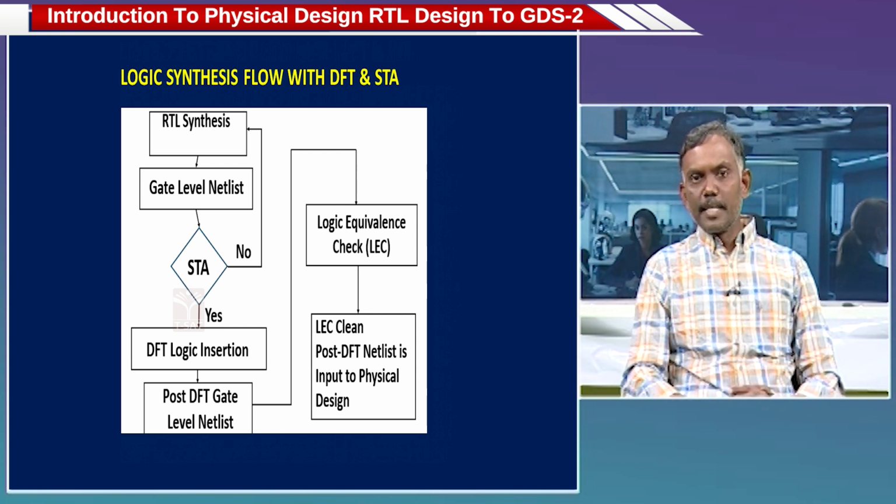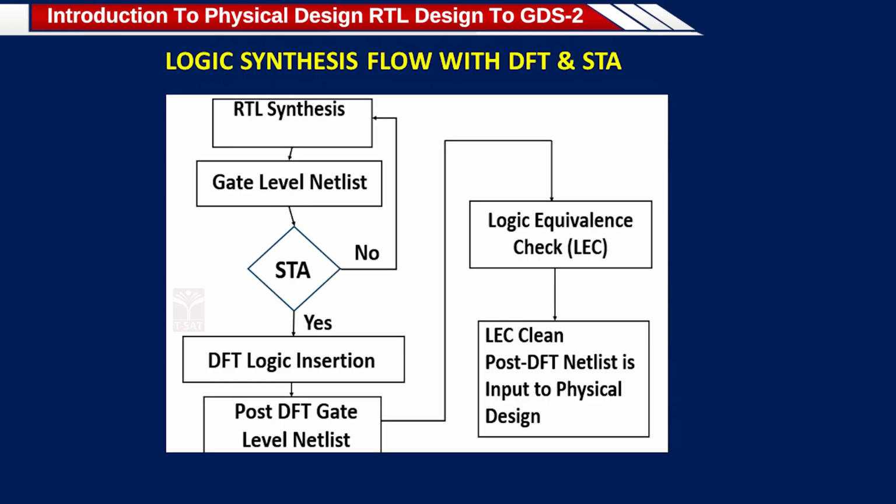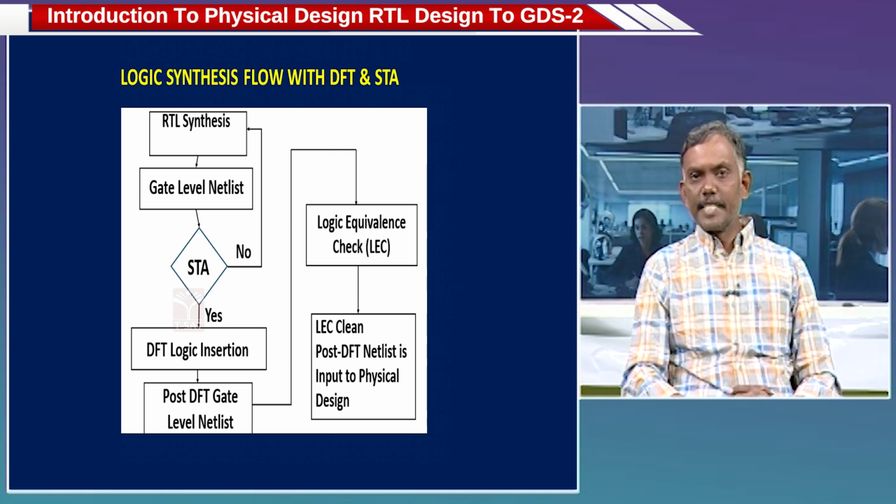After converting the RTL and after inserting the DFT, we must make sure we do not lose our functionality. To verify the functionality, we should run the logic equivalence check. Once the LEC passes, the design goes to physical design. Your post-DFT netlist, the LEC clean netlist, is the input to the next stage, nothing but your physical design.